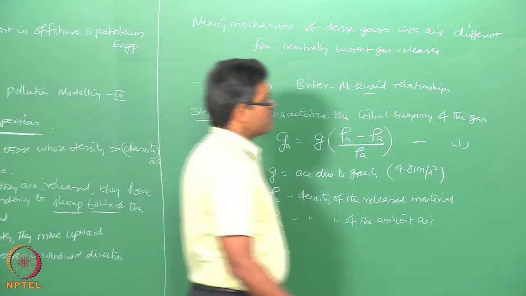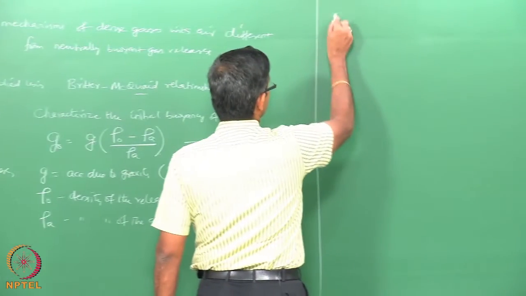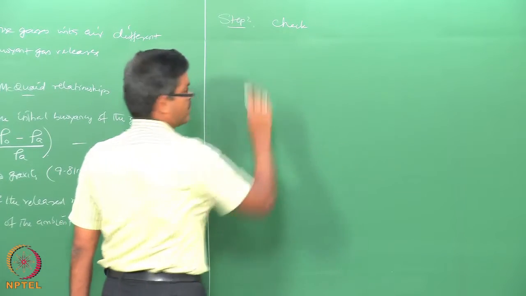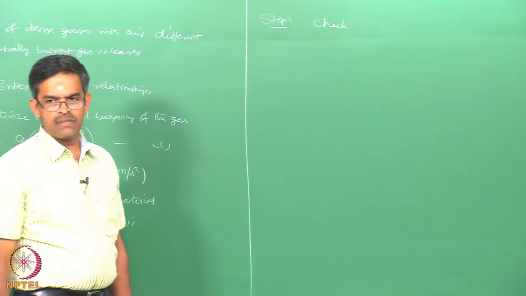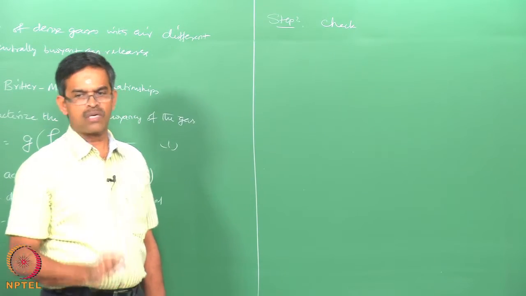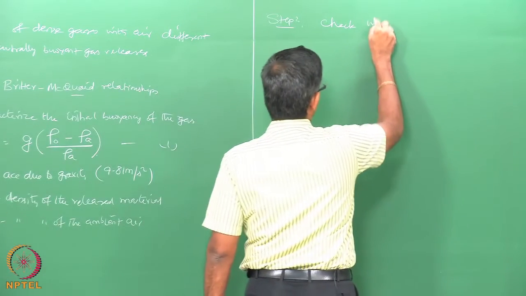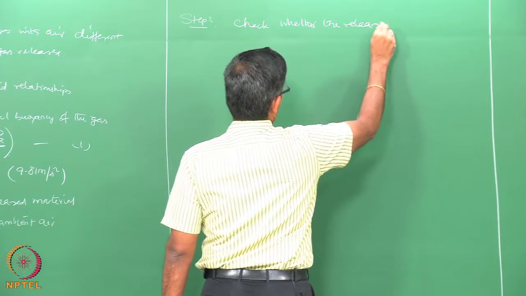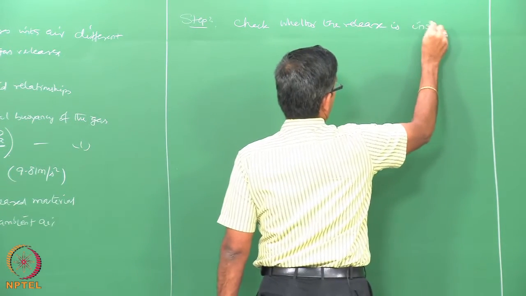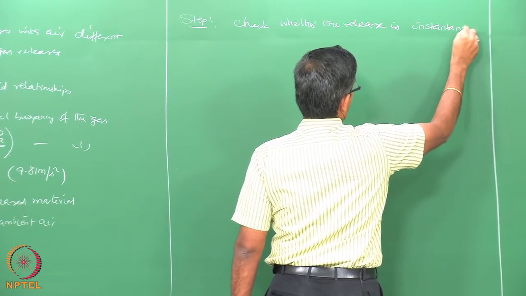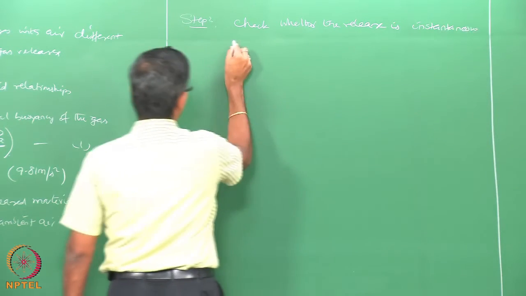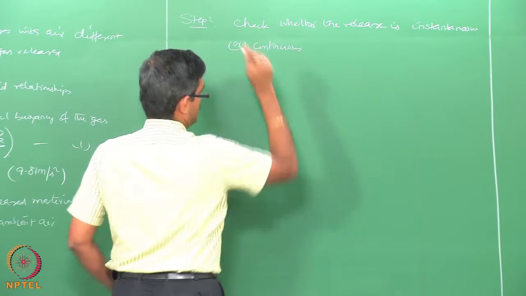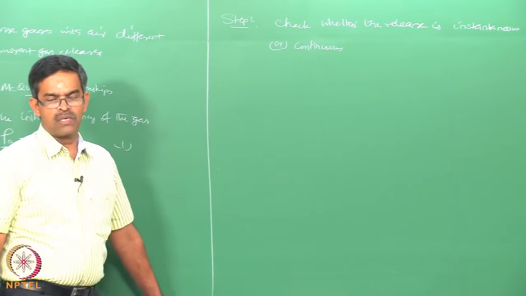Then in step number 2, check whether the release is instantaneous or continuous. How do you do this?